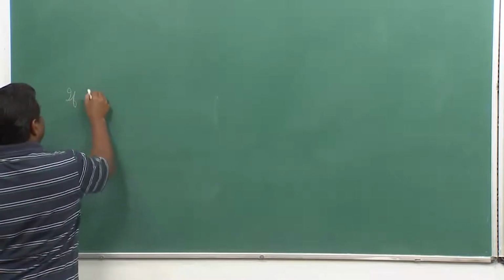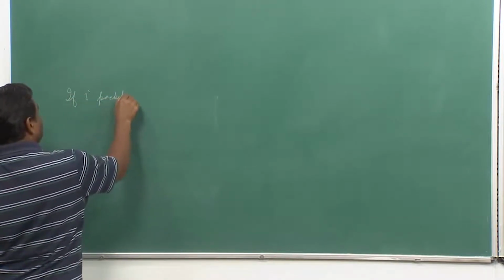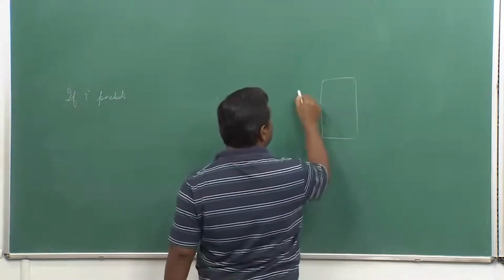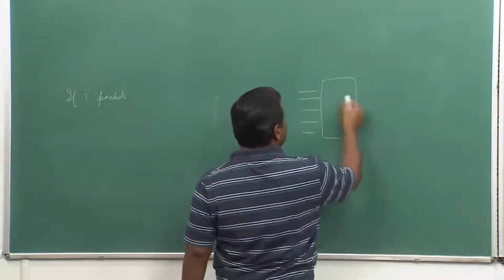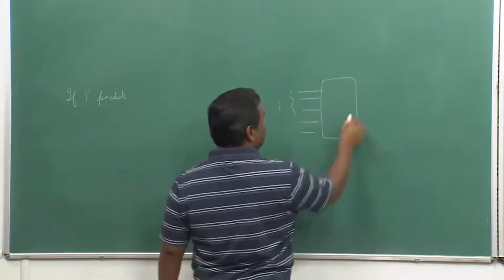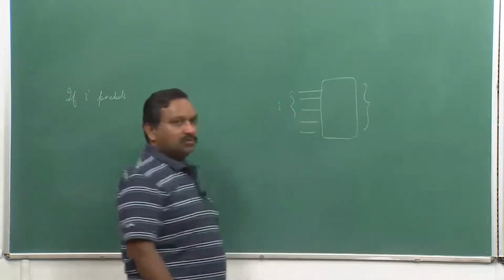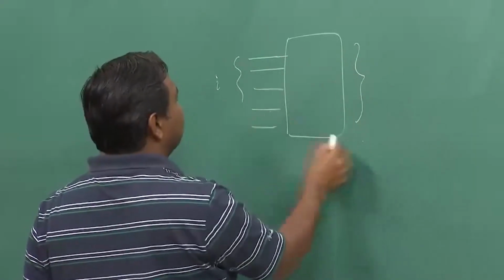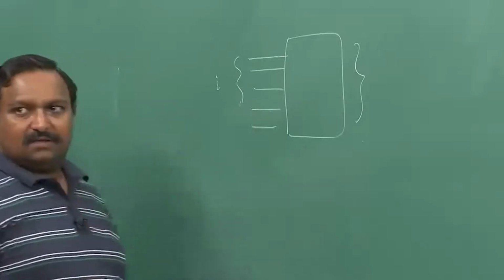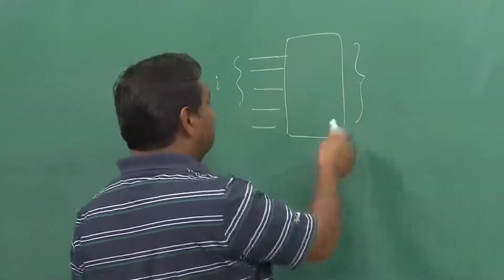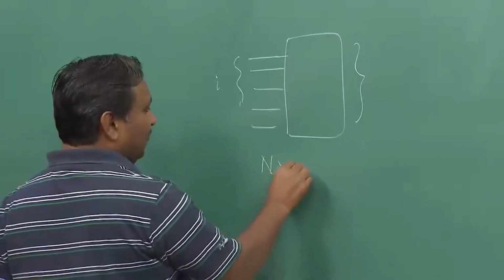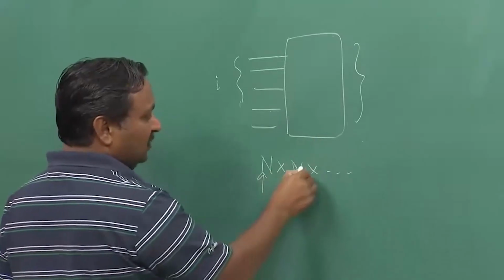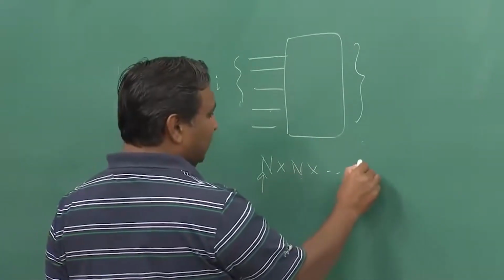If i packets are arriving, they can be directed to any one of the outgoing ports with equal probability. So, in how many ways can the i packets which are coming be mapped onto these outgoing ports? Each packet can go to any one of the n ports, there are n possibilities, and since there are i packets, the number of ways they can be mapped will be nothing but n times n, because each packet can take any one of the n outputs in n possible ways. This is done i times.